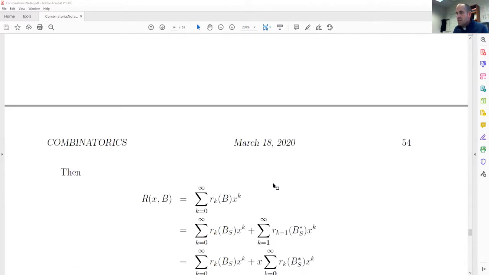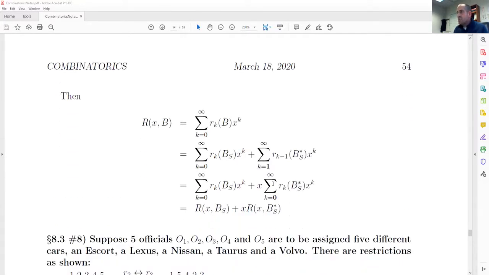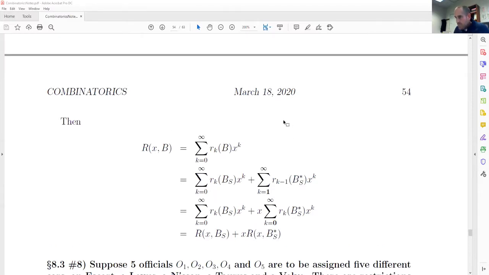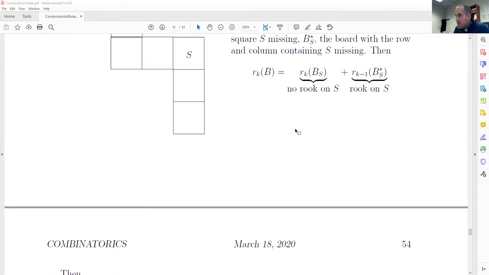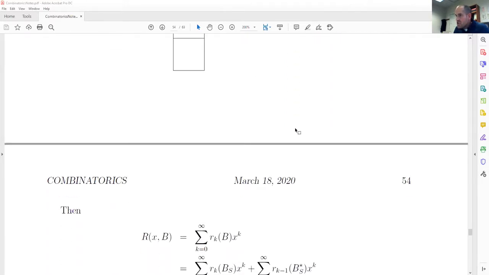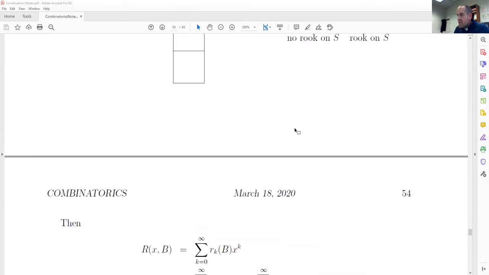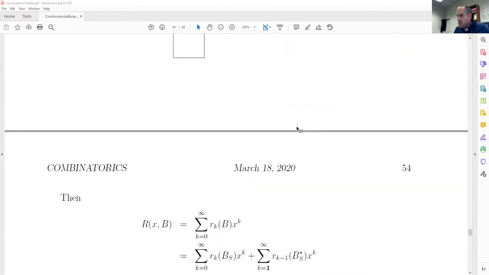Let's see. Going down here, how does that affect the rook polynomial? Well, the rook polynomial for B is given by this sum, and then I just invoke the relation that we just came up with up here.